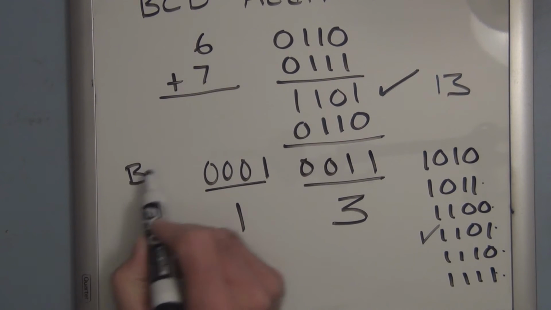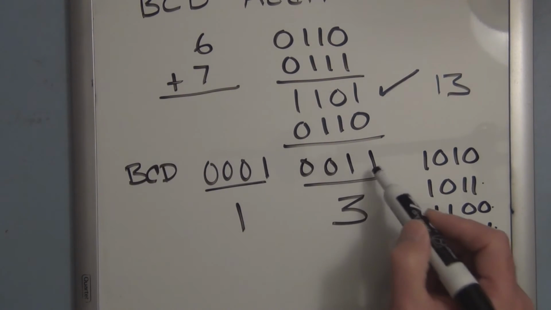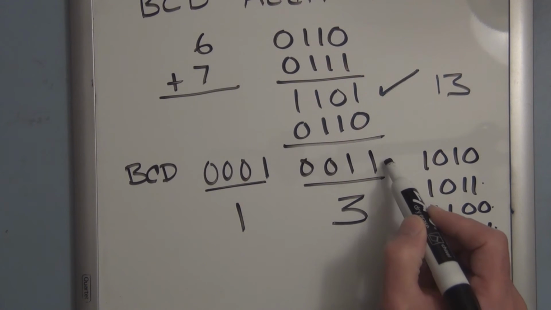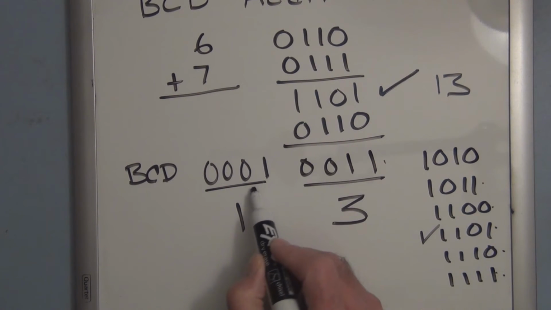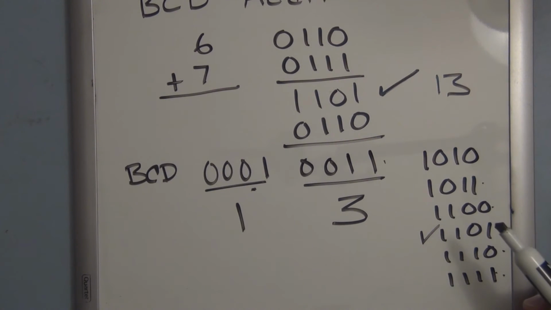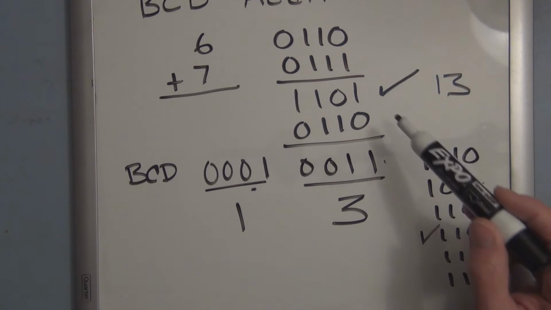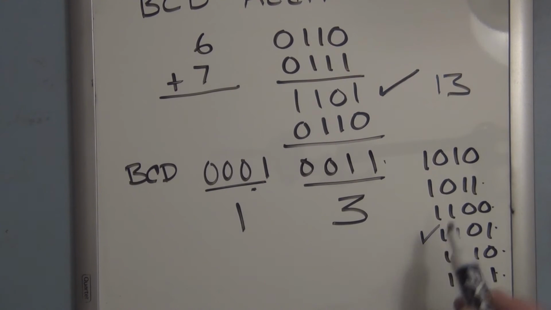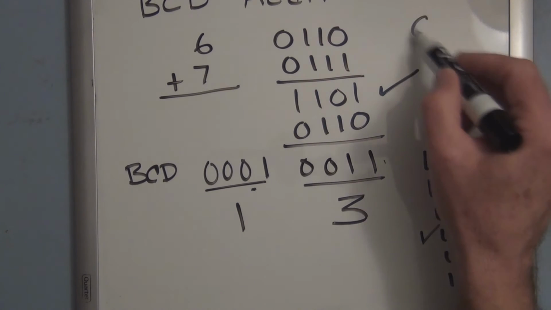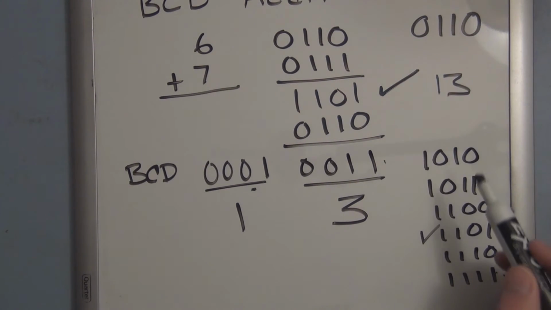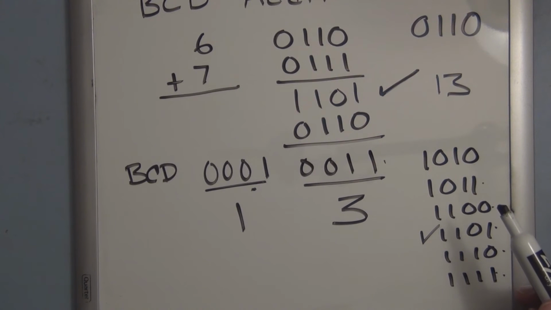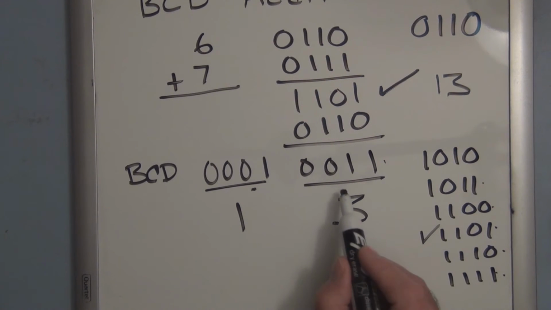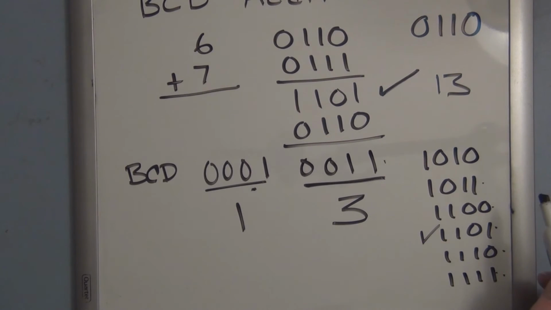This is the proper code now for BCD. This is an acceptable code group, and this is also one of the allowed code groups. So whenever the result is greater than 9, we have to add 6 to it. 0110 gets added to that position to get us to the proper BCD code.